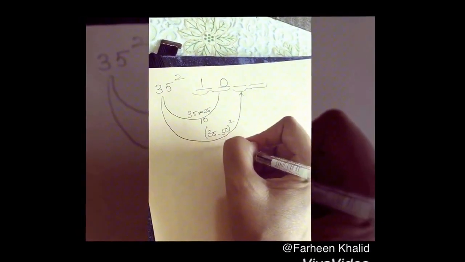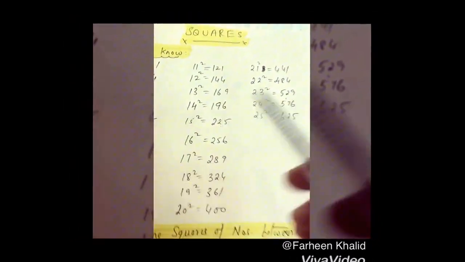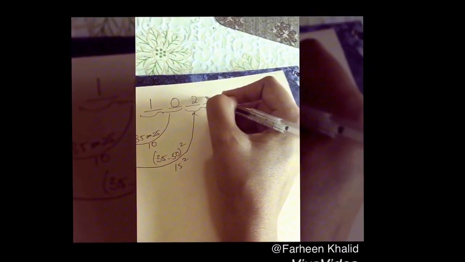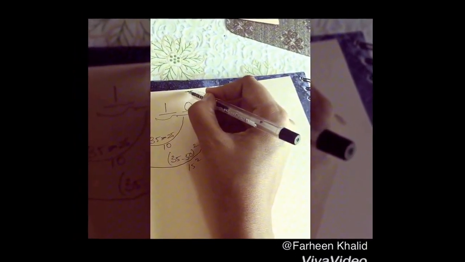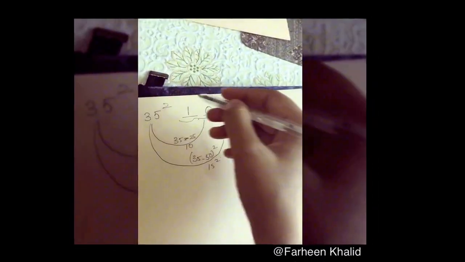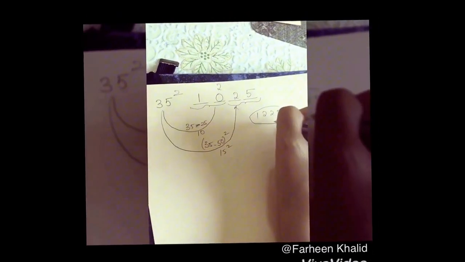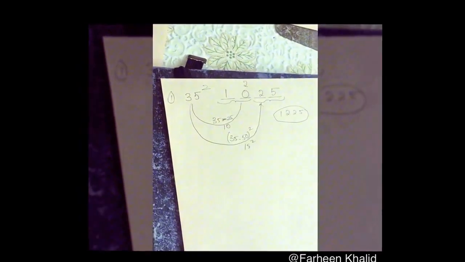So basically it's going to be 15 square, which as you can see is 225. That's the reason I told you to remember at least the basic ones. So it's 225: 25 we put here, and the 2 of the 200 is a carry over. Now we just add it, so it becomes 1225. So 1225 is our answer for 35 square.